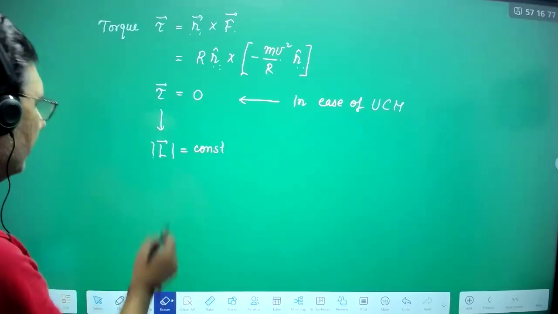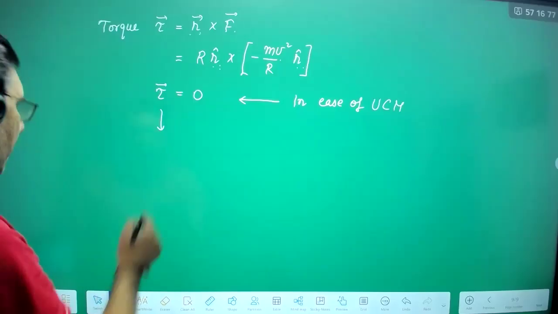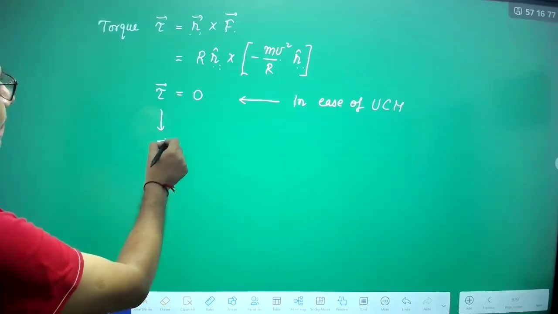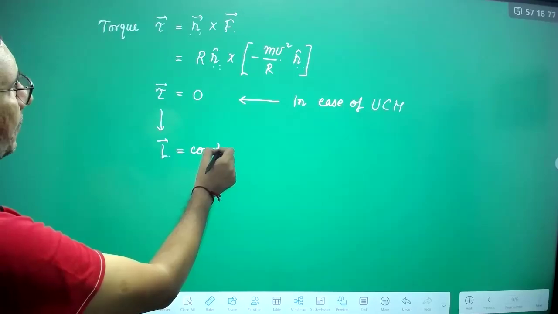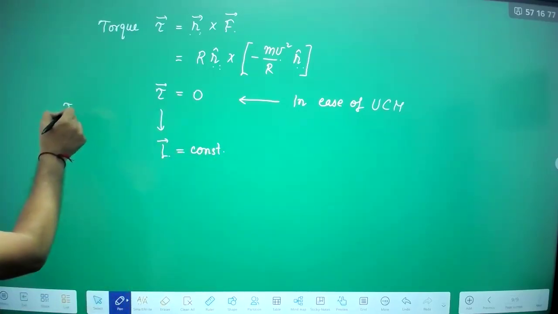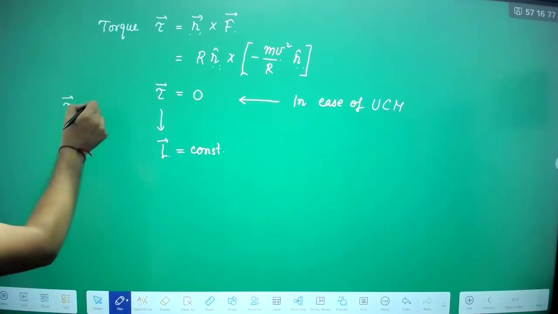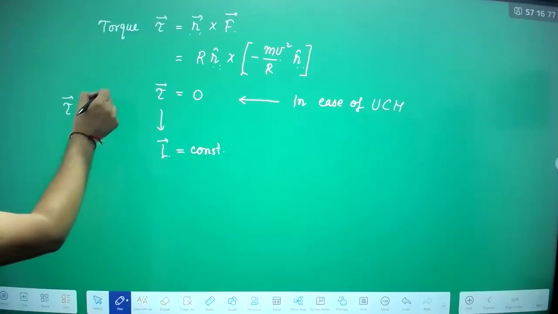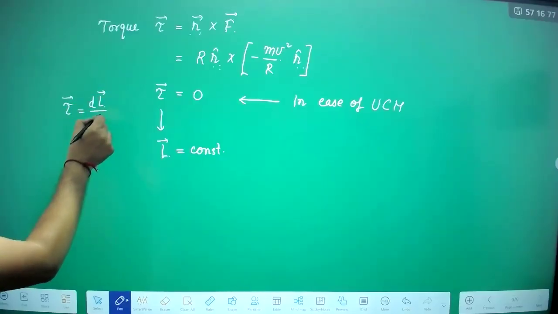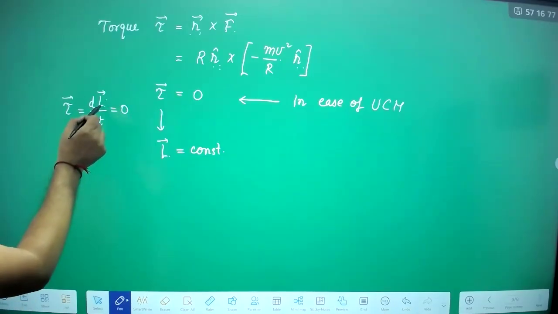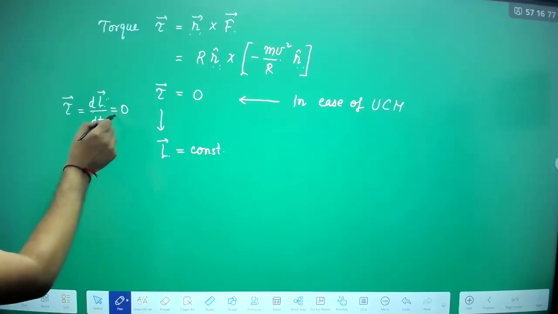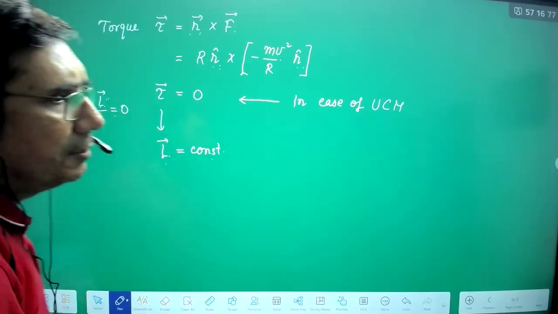Even I should write here, L vector will be constant. Why? Because torque is dL, the rate of change of angular momentum, and that is 0. So the time derivative of this vector is 0, so this vector is constant.